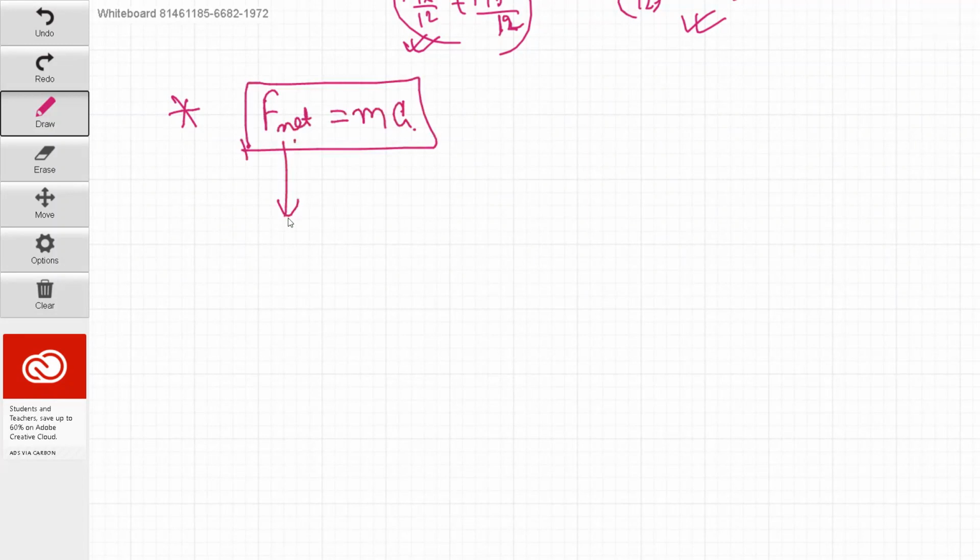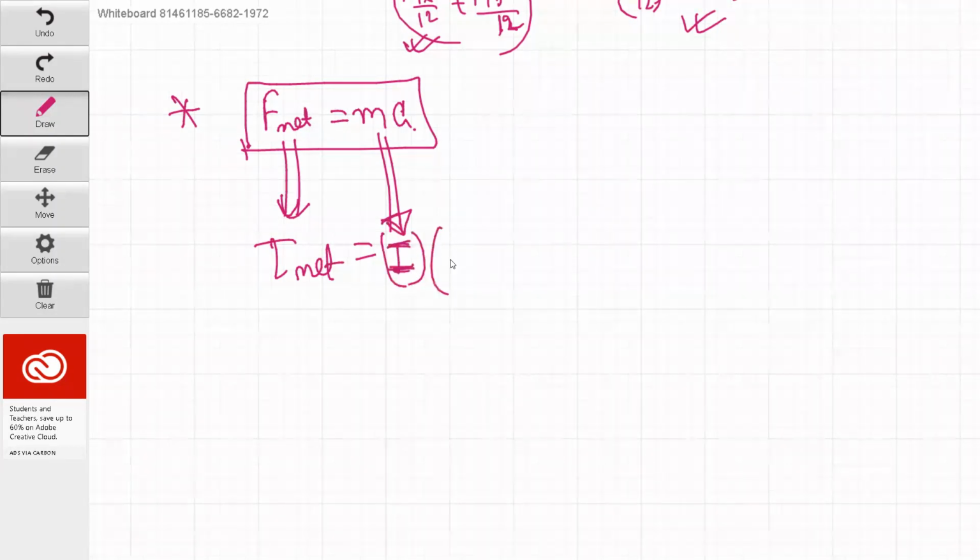So F net will be replaced by torque net in this chapter, and mass is replaced by rotational inertia, that is known as moment of inertia, and you understand how to find moment of inertia. Now acceleration will be replaced by alpha, isn't it? Alpha is known as angular acceleration.